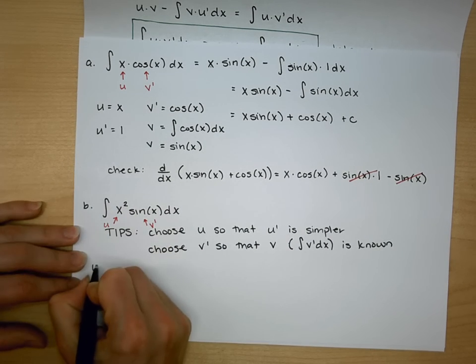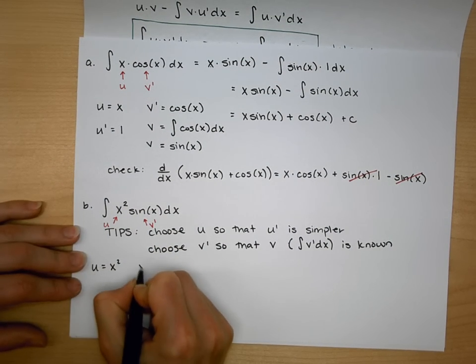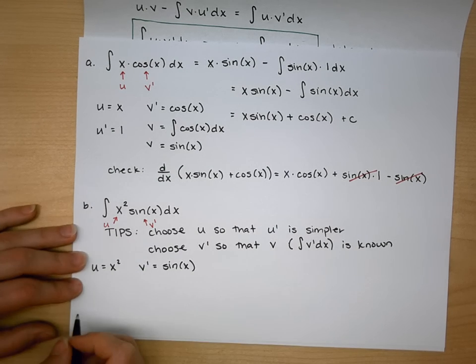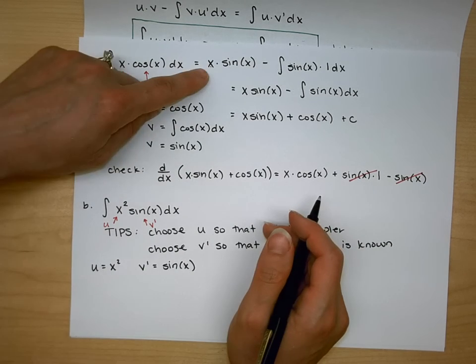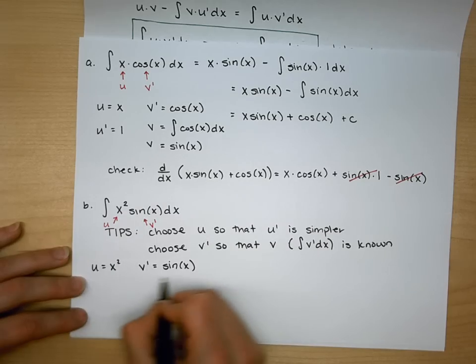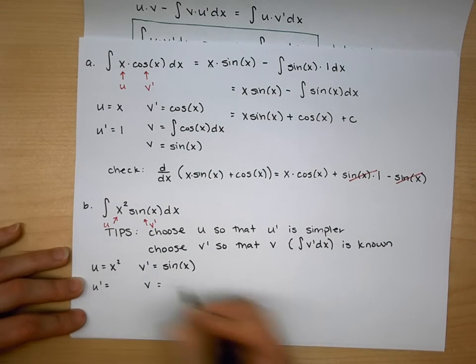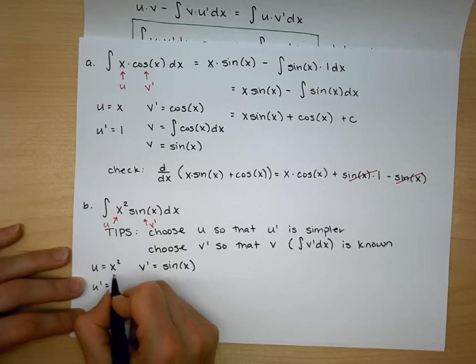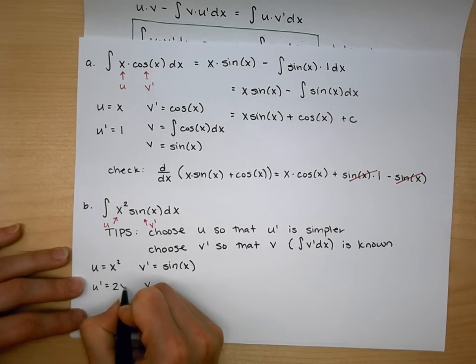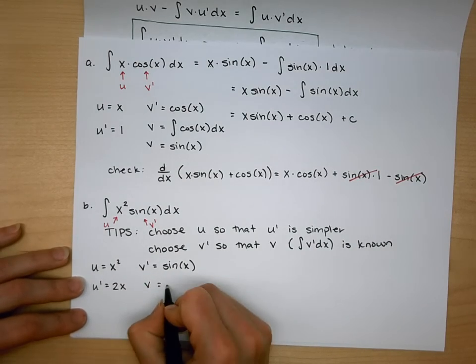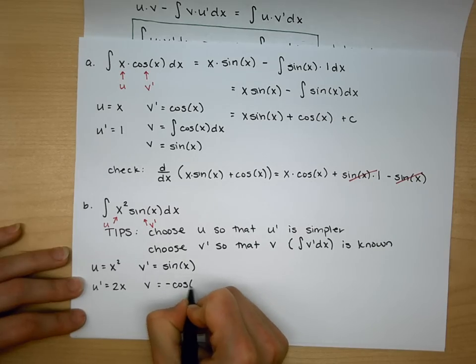So I picked u to be x squared and v prime to be sine x. As opposed to up here where I just went piece by piece, depending on which one I needed, I know that I'm going to need u prime, and I know that I'm going to need v. So let's just find those to start with. If u is x squared, then u prime is 2x. And if v prime is sine, then v is going to be the antiderivative of sine, which is negative cosine.